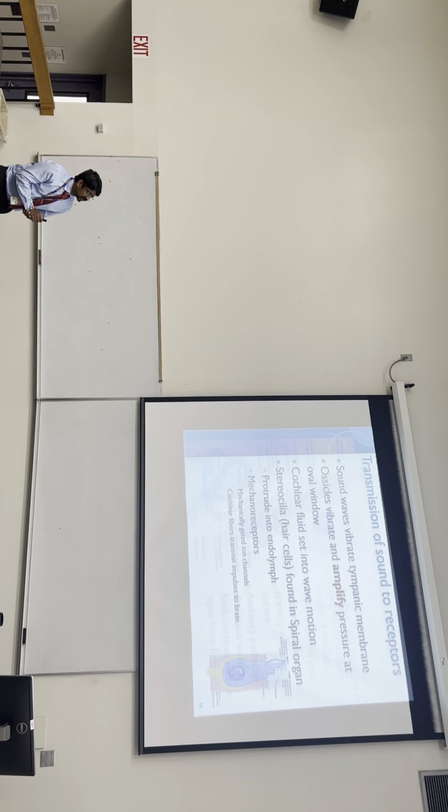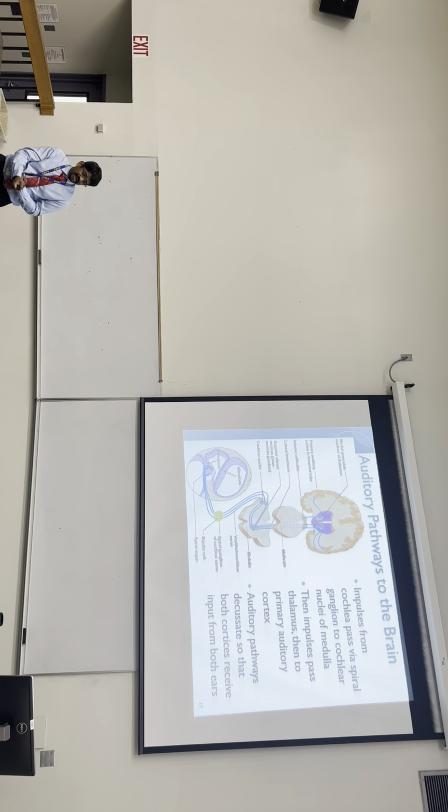Okay, so next we're going to talk a little bit about how the sound travels or where it ends up, right? So this is an image showing the cross-sectioned cochlea. If you unwind it, you see it as one tube, but it's a coiled up tube, right? So here are the receptors. It's going to take the information to the brain stem, and then it goes up to both sides.